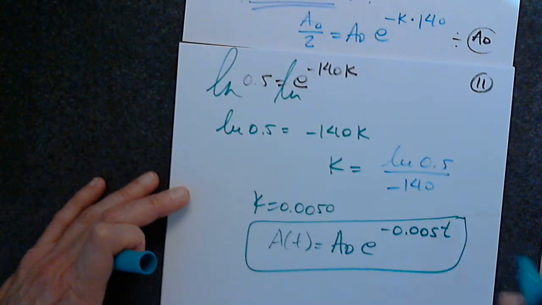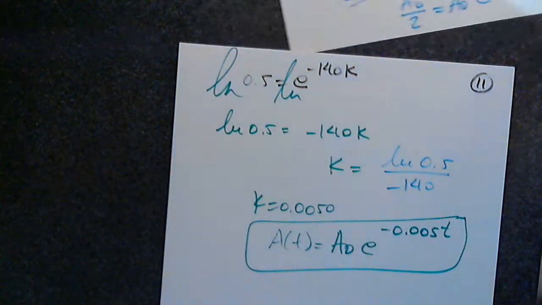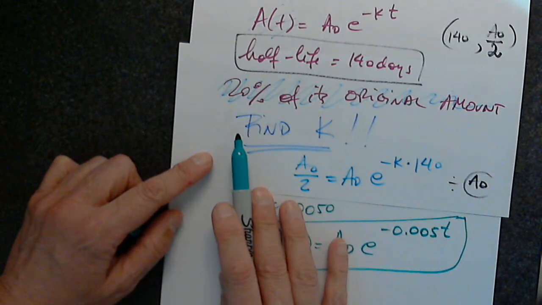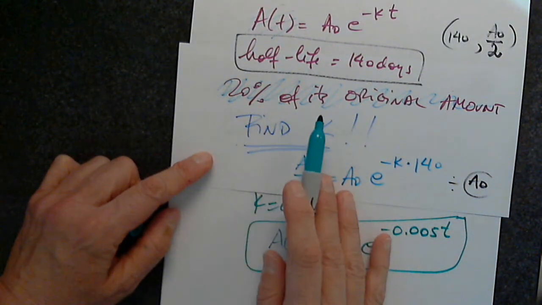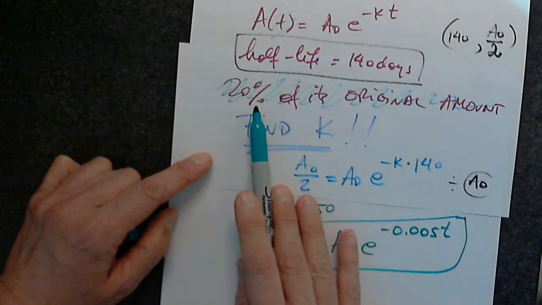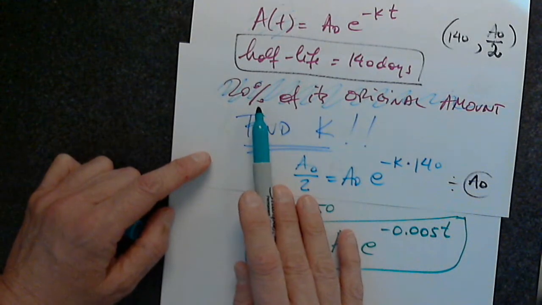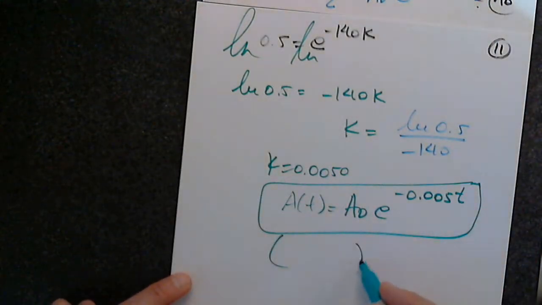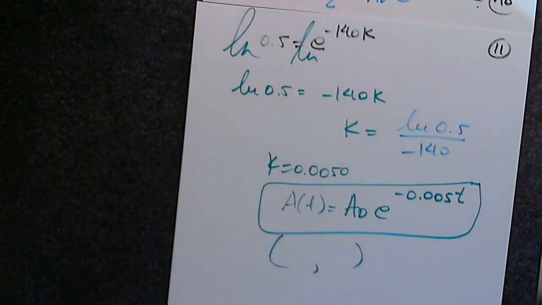Excellent. So now I'm ready to answer the question. How long does it take for the original amount to become 20% of it? I need the point. Give me a point. How long it takes, no clue, till the original amount becomes 20% of it.